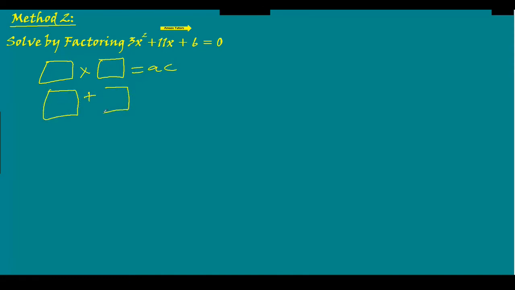Their sum will give you b. Now in this case, a is 3, b is 11, c is 6, all of them positive. Now AC will be 3 times 6, which is 18.